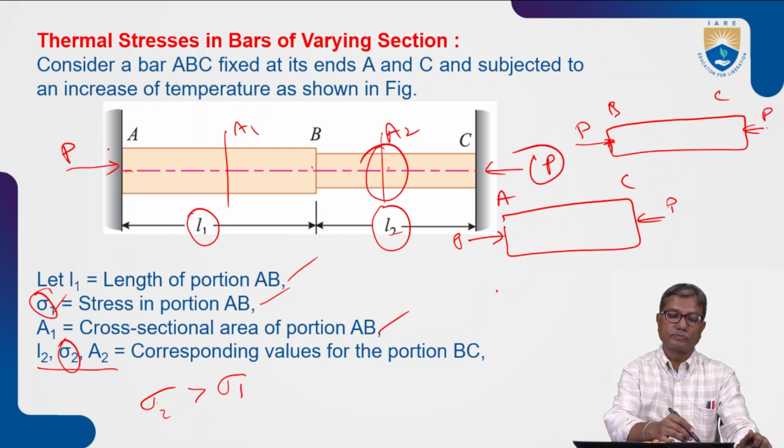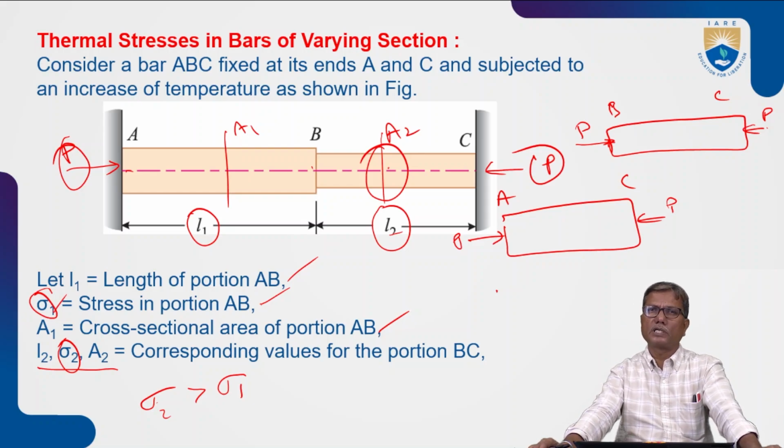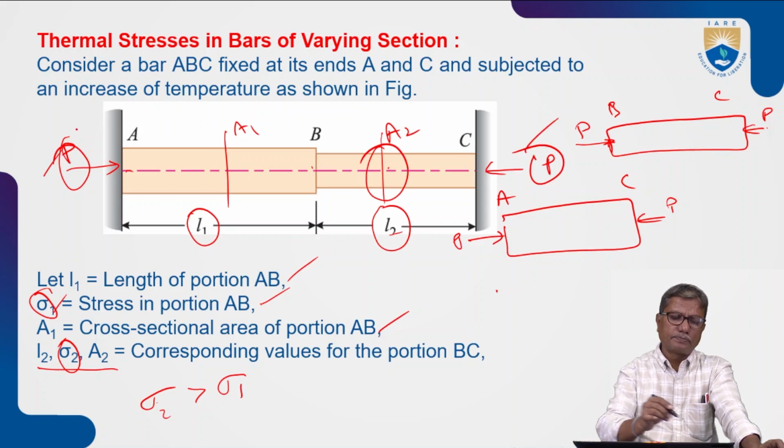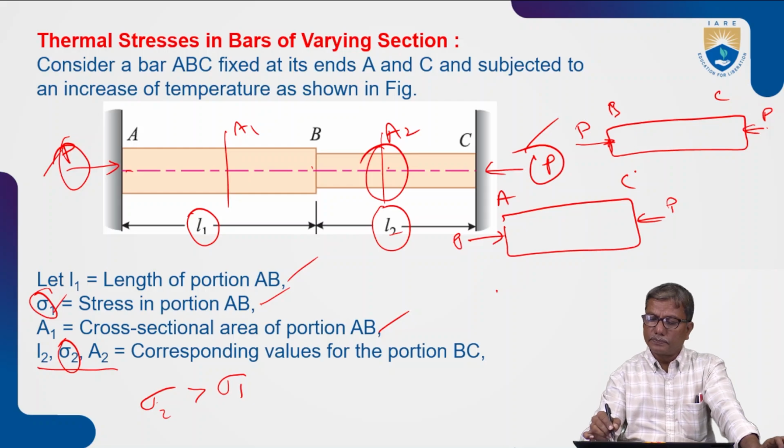For equilibrium, the end forces must be same. There is no other force acting other than temperature rise. So the force developed due to the rise in temperature at the supports must be same. So what does this mean? Here area is A1. The stress developed is sigma.